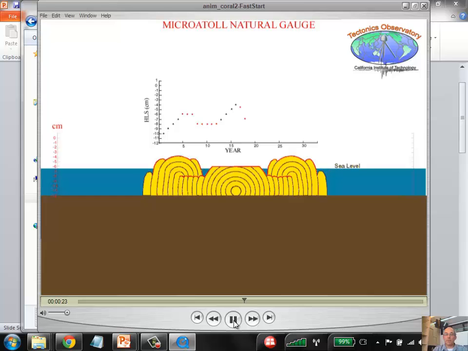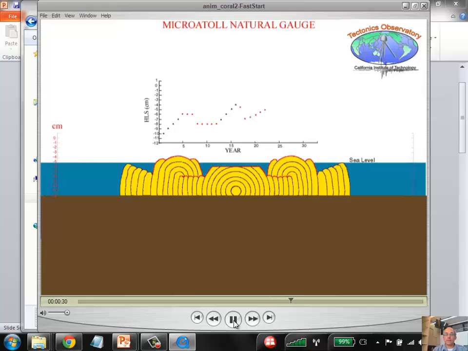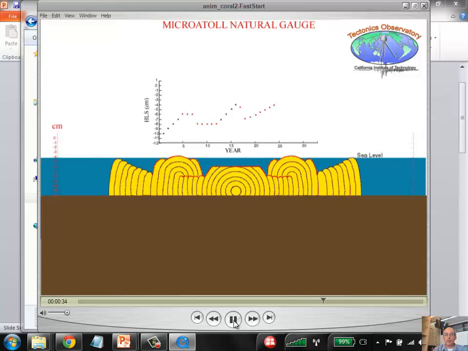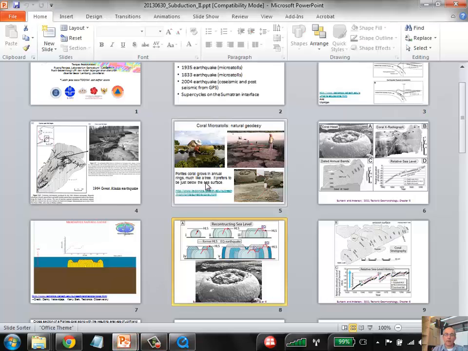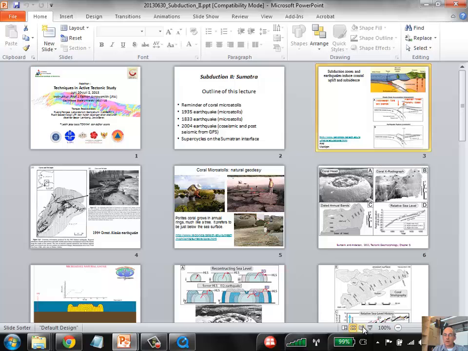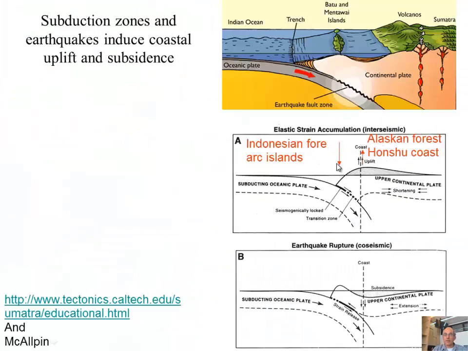Now we have an uplift event. And now we're going back up, we're subsiding. So this is a really nice, steady subsidence, right? And so if we just check where we are, in Sumatra, this steady subsidence is what we expect here interseismically in the forearc.